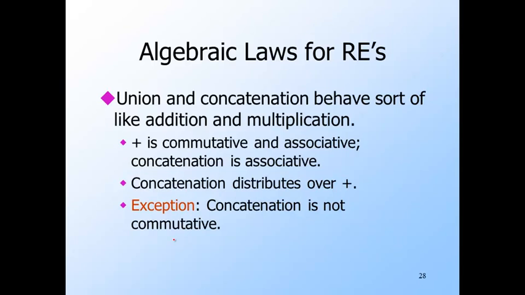The laws for regular expressions are not too different from those for arithmetic, but we have to be very careful to observe the differences. First, plus and concatenation behave almost like plus and times for arithmetic. The plus operator, which remember is set union, is associative and commutative just like addition.